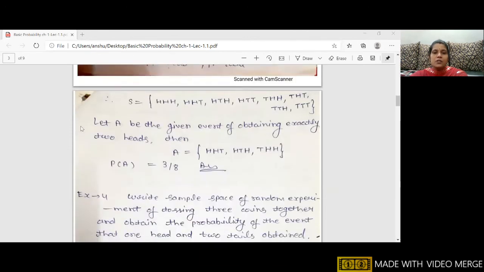Let A be the given event of obtaining exactly two heads.